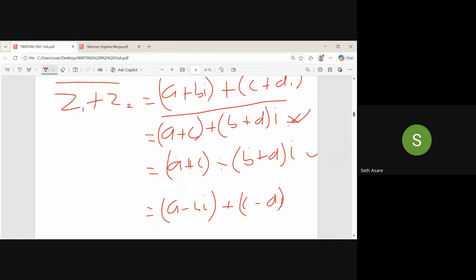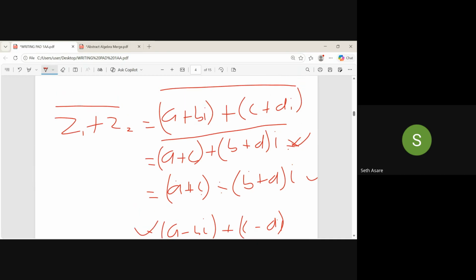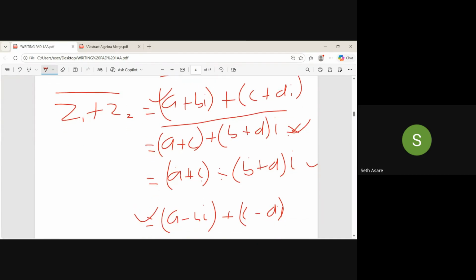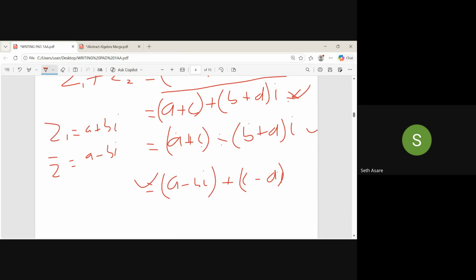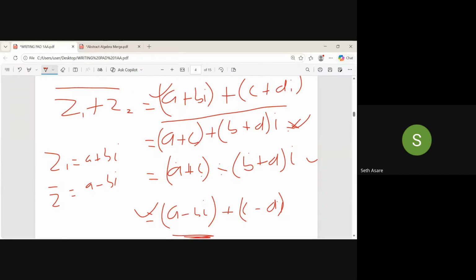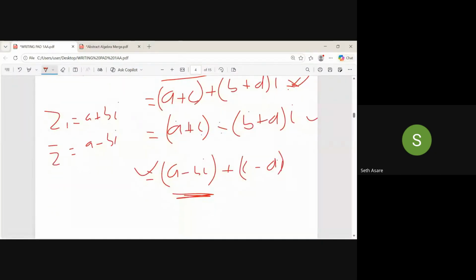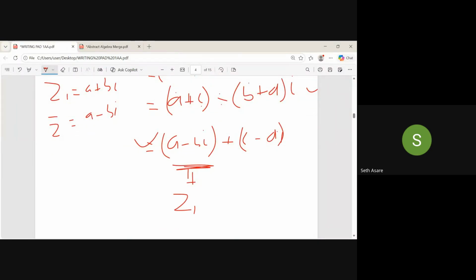What do you see? When we compare this one to this one, you see that if Z1 is equal to A plus BI, its conjugate is A minus BI. That is this one. Look at that, this one becomes the conjugate of this. All right. So we can say that this one here is Z1 conjugate.